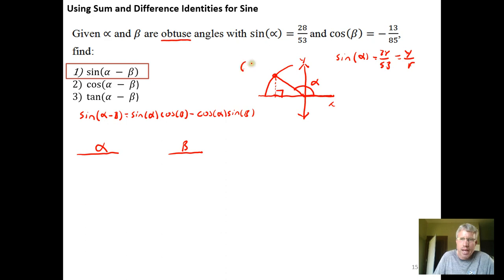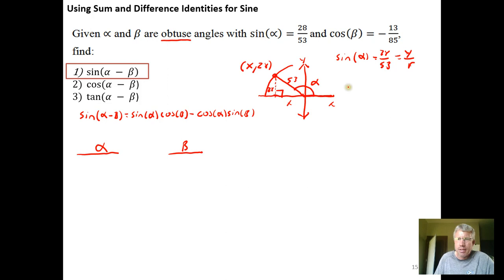I don't know what the x coordinate is. I know it will be negative because I'm in quadrant 2 because of the obtuse angle. I know the y coordinate is 28, and I know the hypotenuse or radius right here is 53 units. I know that the height of this triangle is 28 units, and x will be the signed width, which means I can use the Pythagorean theorem to calculate x.